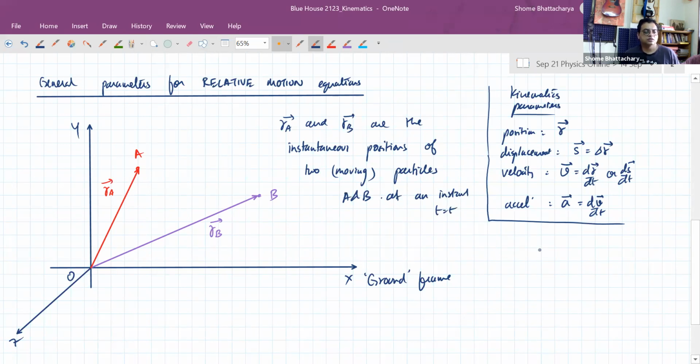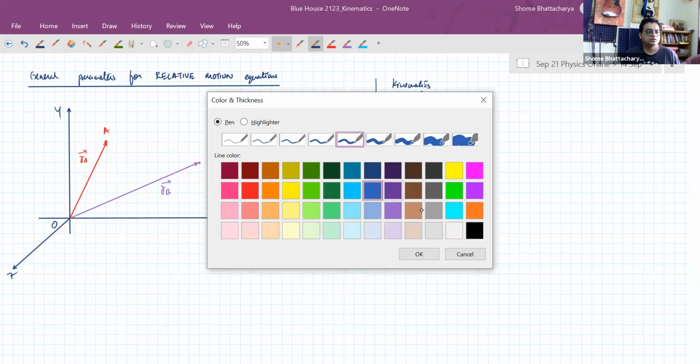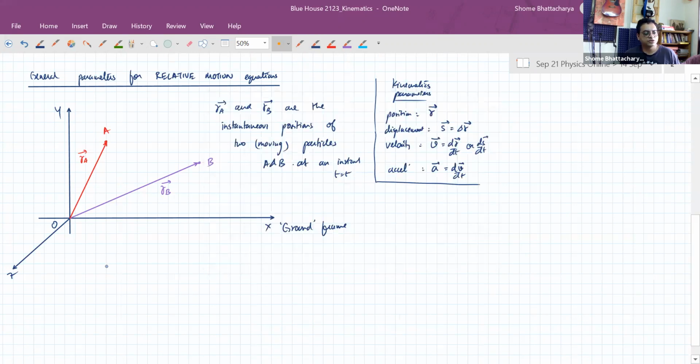Now we will see the first definition here, that what we mean by the term relative position. Okay. So therefore, the relative position of, let's say, particle B with respect to particle A, that will be how much?